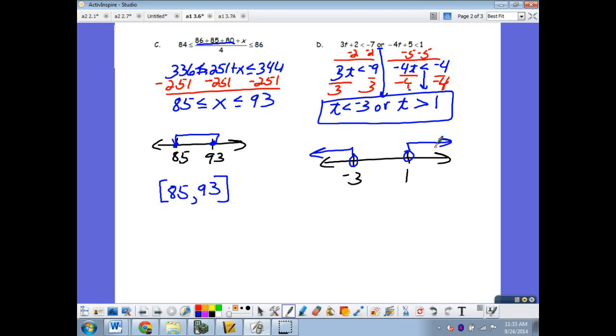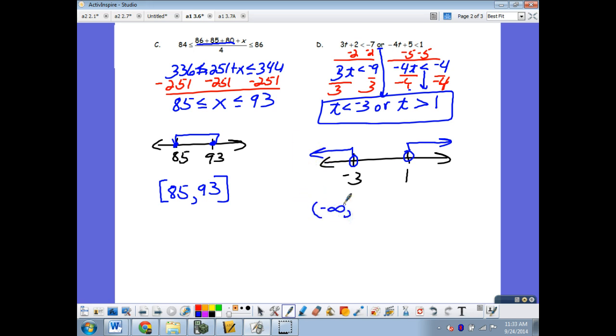So then, since this graph has 2 pieces, the ones before had just 1 piece in each of those graphs, but in this one, our interval is going to come in 2 pieces. Notice with our interval, we start at the left end. Well, the left end keeps going and going and going, so it's negative infinity.